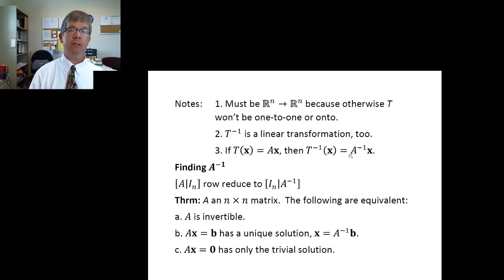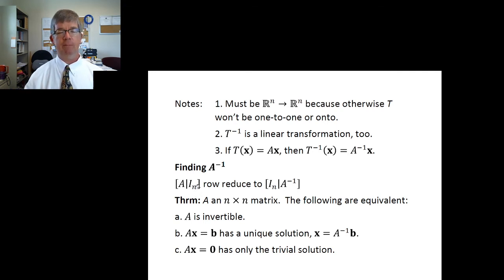Okay, all right. Now, if you have a matrix and it has an inverse, and you want to find it, the simplest way is to make an n by 2n matrix. In the first part, you put your A matrix, the square matrix for which you're trying to find the inverse, and then you put the identity matrix in the second half.